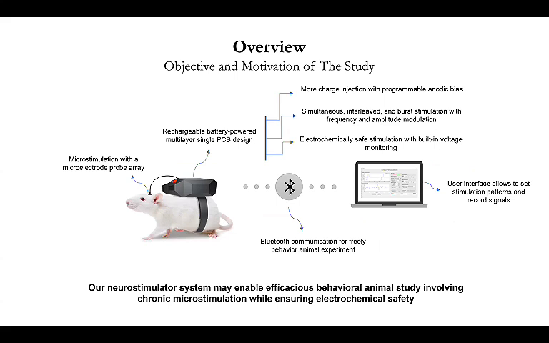So with this in mind, I designed a neurostimulator system. The system should be more compact, so it can be carried on. It should be wirelessly controlled with a custom design interface, because there should be an untethered connection. There should be an electronic approach to solve the charge injection capacity problem.